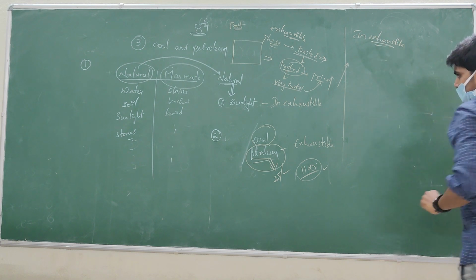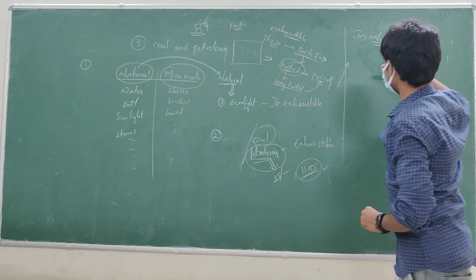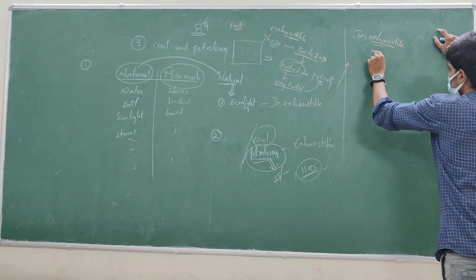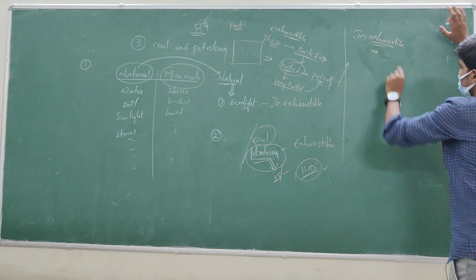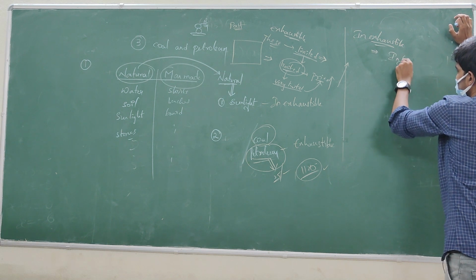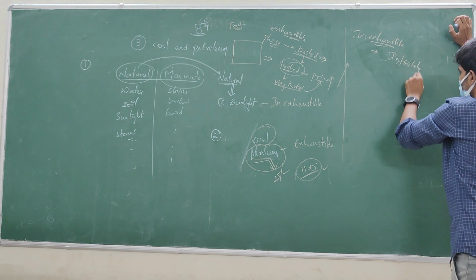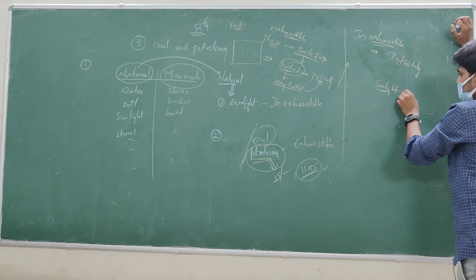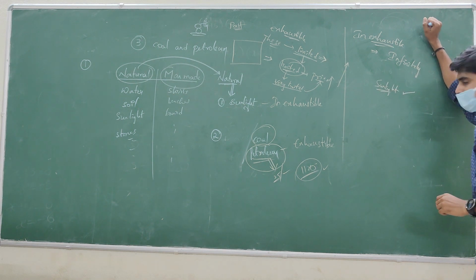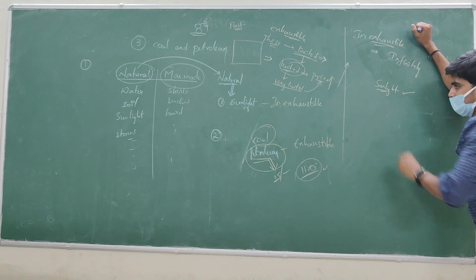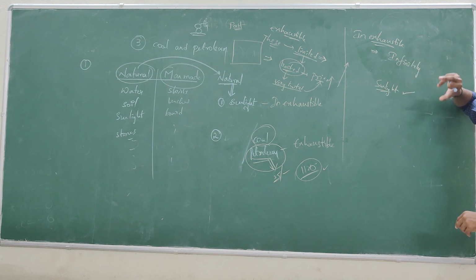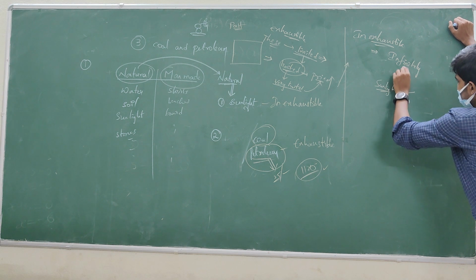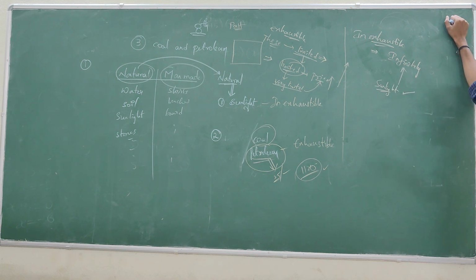These are not in limited quantity, so they are infinitely present, right? Yes or no? If you consider sunlight, sunlight is available to us free of cost, because no one is charging us for using it. That's because sunlight is infinitely present overall.